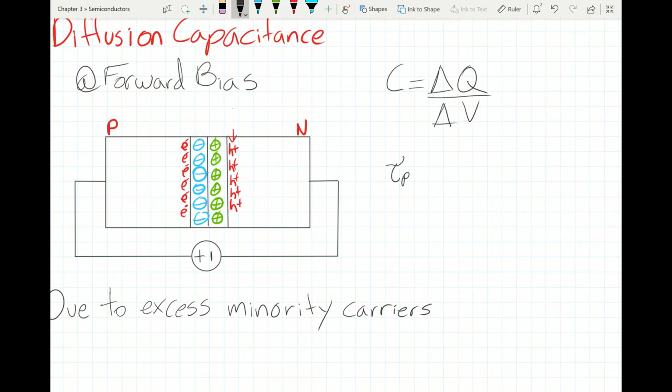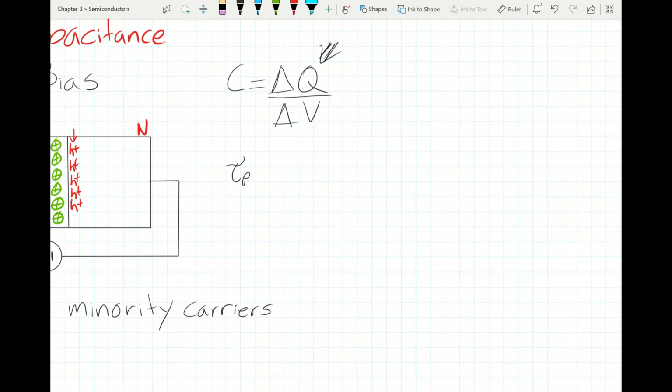So this is the time these charges take to recombine. As they recombine, the amount of charge changes, right? And let's look at the definition for current. You have current here. That's an amount of charge, or the net flow of charge, over a certain time, right?